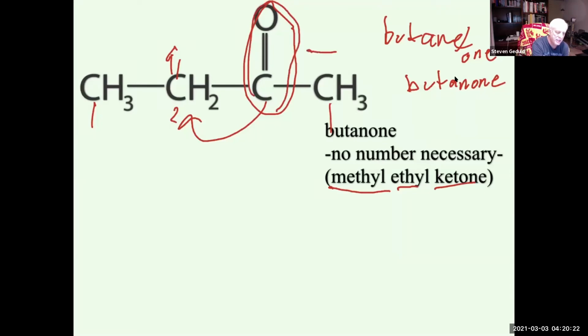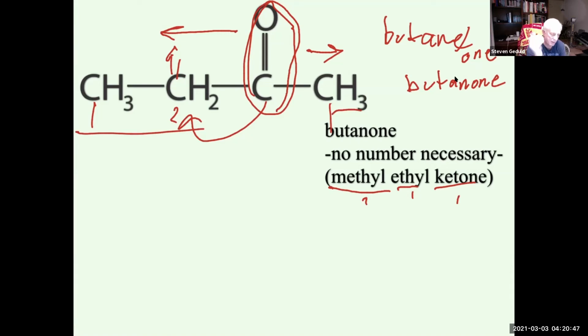On one side, it's a methyl group. On the other side, it's an ethyl group, 1 carbon and 2 carbons. So sometimes you'll see methyl ethyl ketone as a common name for it. When you do it that way, the smaller alkyl group comes first. Methyl is smaller than ethyl. Methyl is 1 carbon, ethyl is 2 carbons.